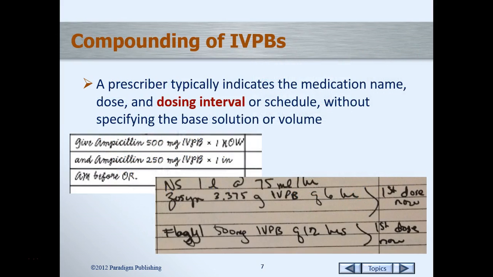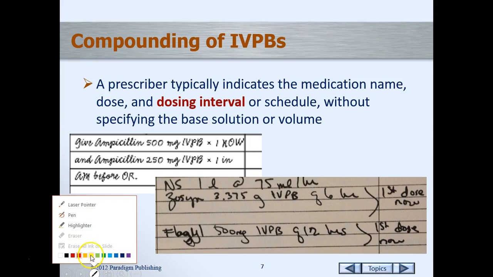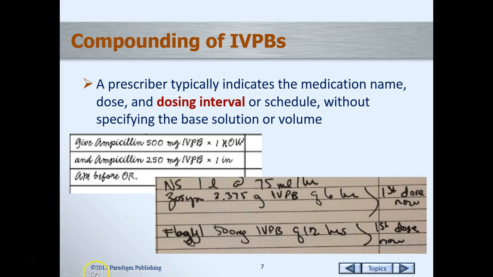When we talk about identifying the parts of an order, the prescriber will generally indicate the medication and the dosing interval, or even a schedule, but doesn't necessarily identify the base solution. For example, here it says give ampicillin 500 milligrams IV piggyback now, but we don't see anything about a base solution.